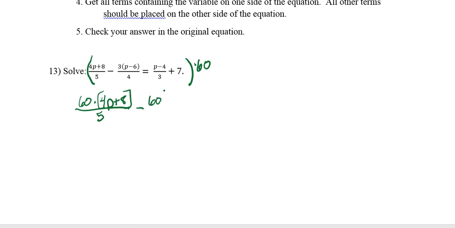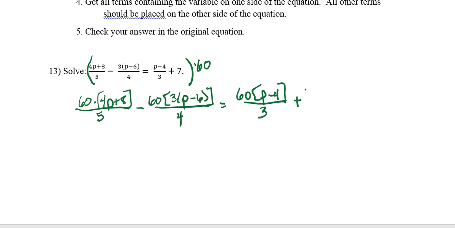Then 60 times (3p minus 6), still over the 4, minus 60 times (p minus 4), all over the 3, and then 60 times 7. Now, if you do a lot of this, you may not need these brackets to keep things separated, but until you get good at it, keep them going.